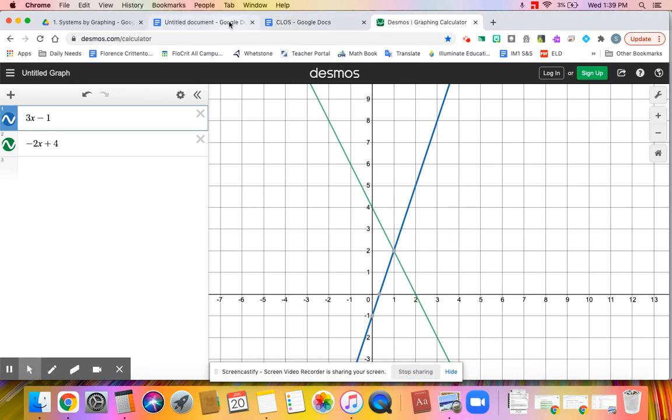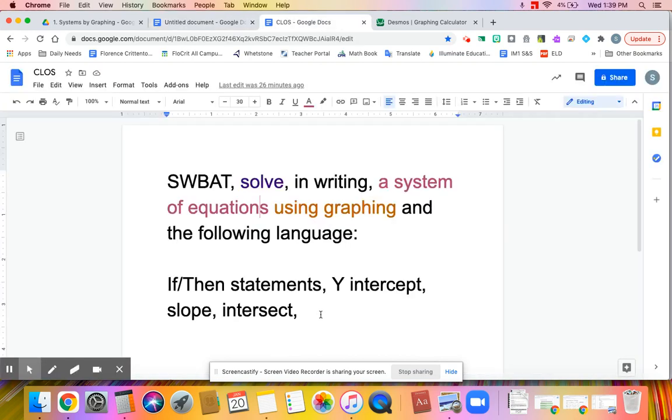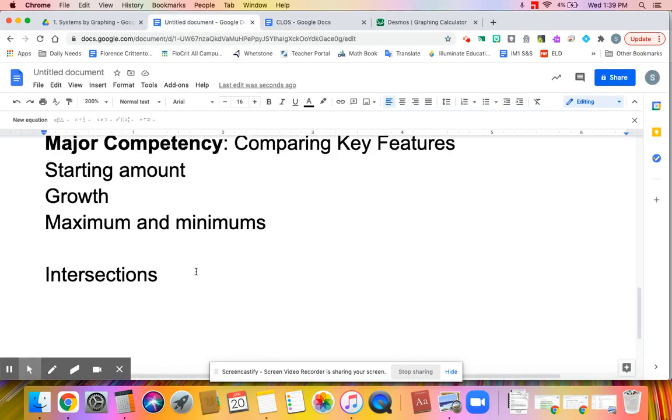Another key feature that they want you to be able to compare is something called intersections, which brings us to the first vocabulary word of our lesson, which is intersect. An intersection or an intersect kind of means the same thing. You can say their intersection is at blank, or you can say they intersect at blank.